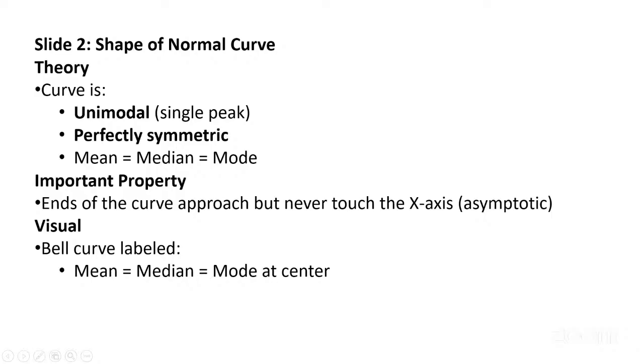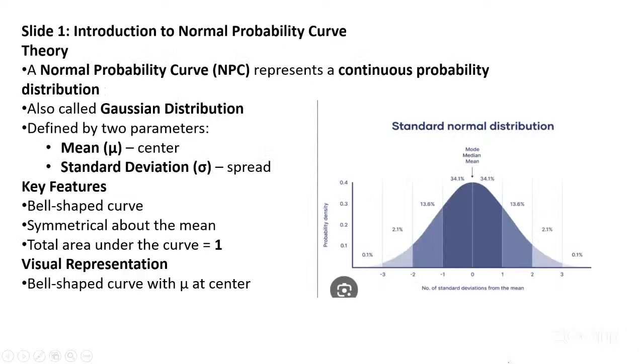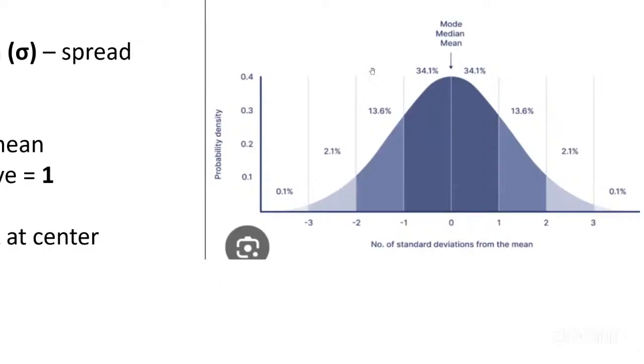Another property is that this is an asymptotic curve. If we zoom in, this is not a closed curve, right? As you go along the x-axis, it will never touch the x-axis.